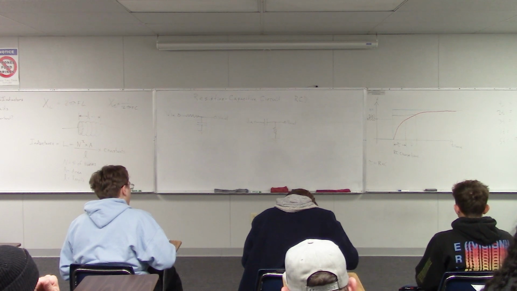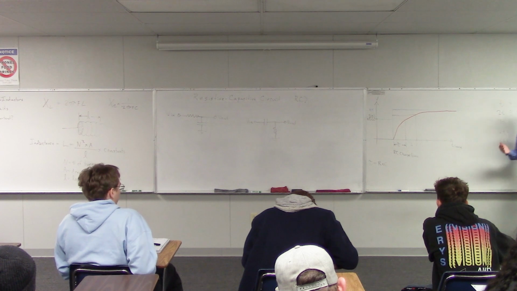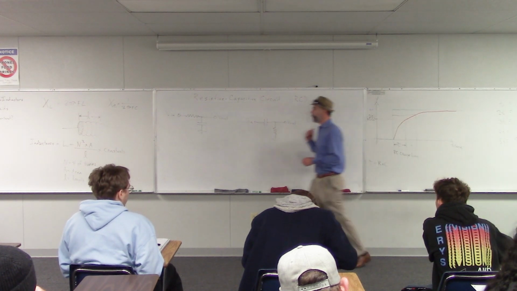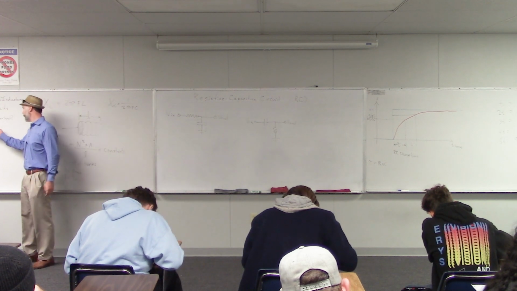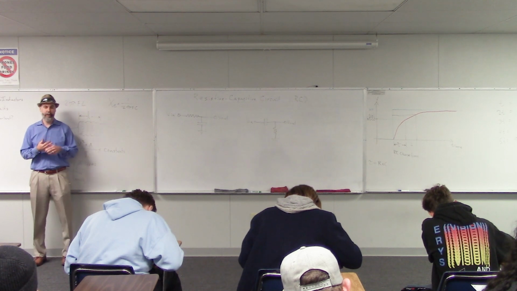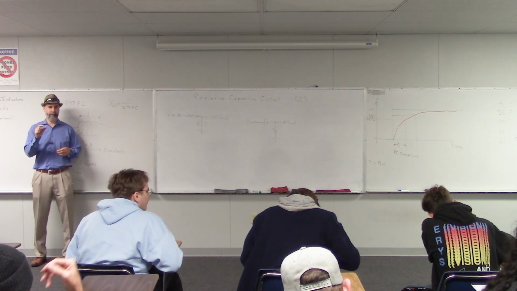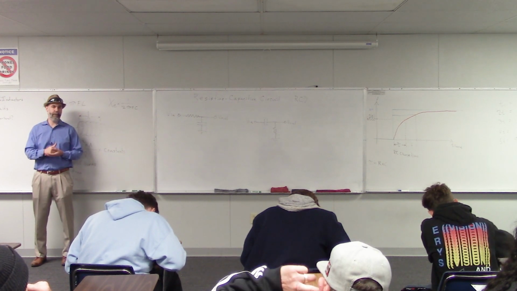So that's what's going on. That's how we can actually calculate the charge time for an RC circuit. We can use the resistor and capacitor values to find that time constant tau, and then that's how long it takes to charge to 63%.